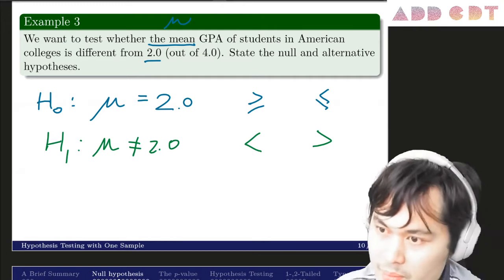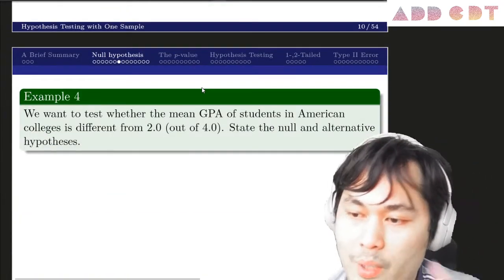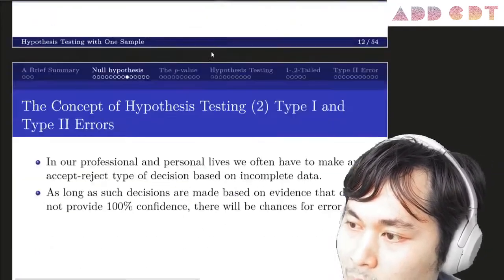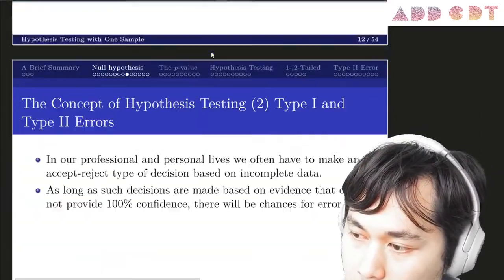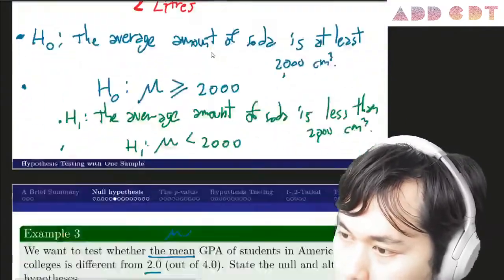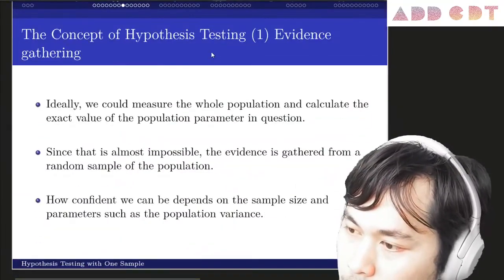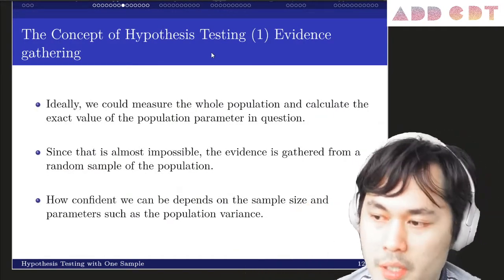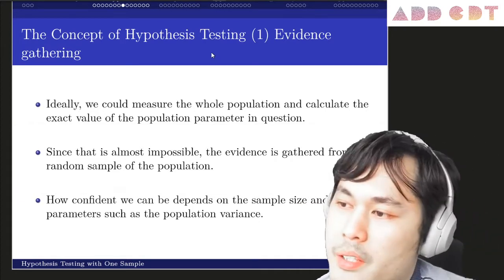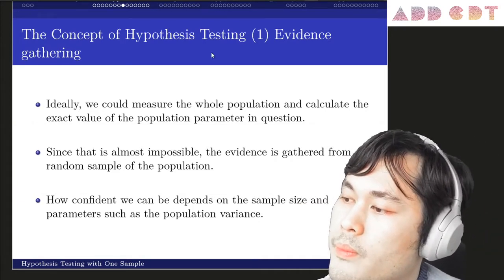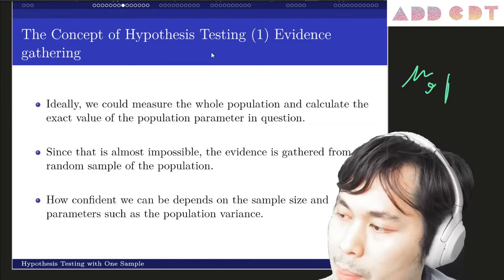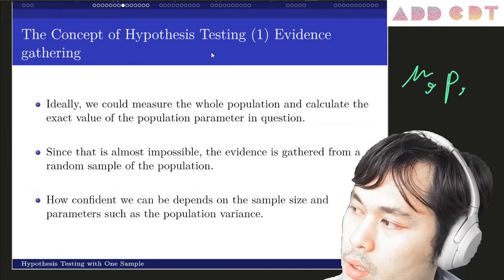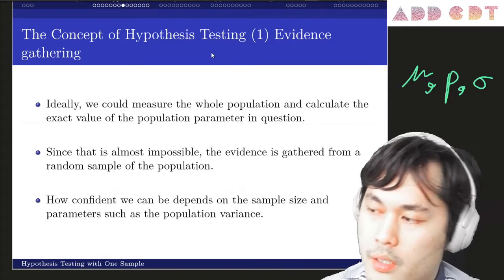But anyway, okay. So sample 4, that's the same one. That was a mistake on my part, but let's forget about it. Oh wait, I think I forgot something. Since the null hypothesis is about the population parameters, it could be about the population mean mu, the population proportion P, or the population standard deviation sigma.